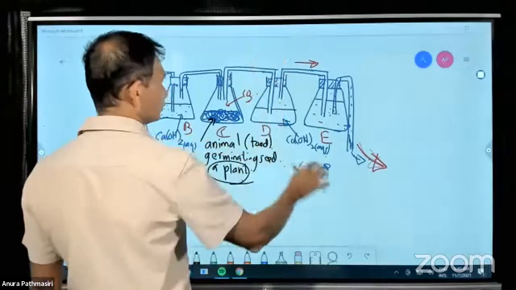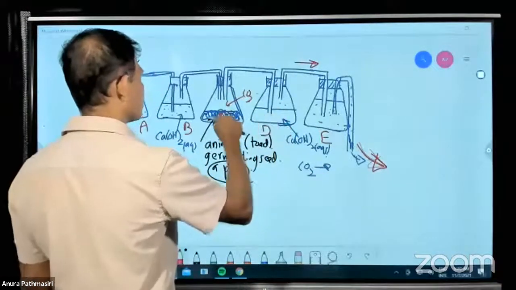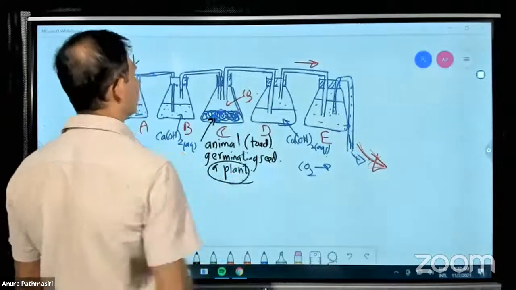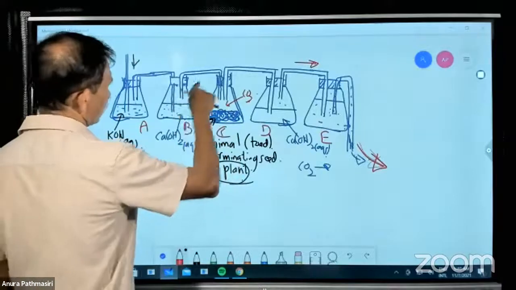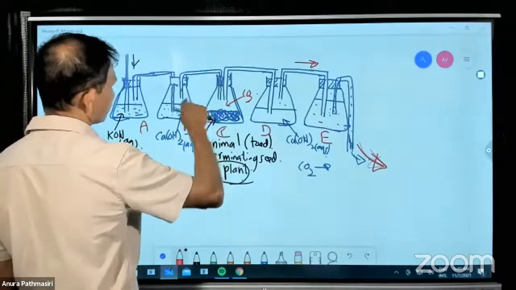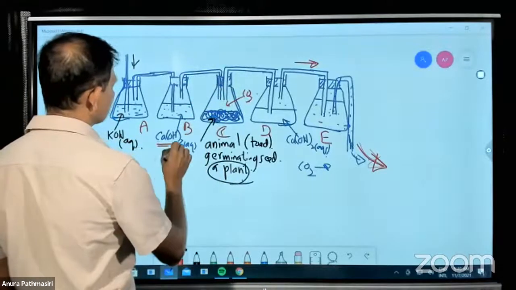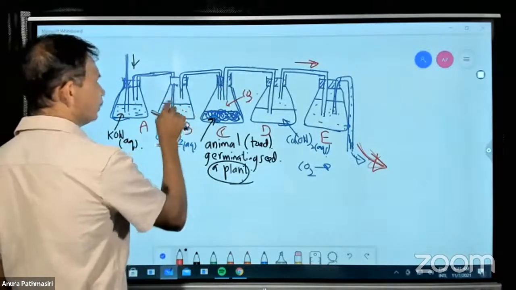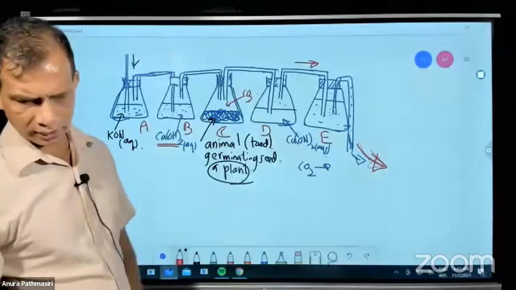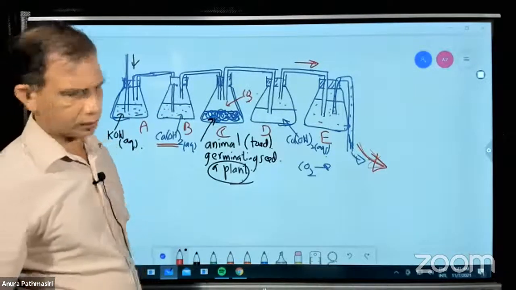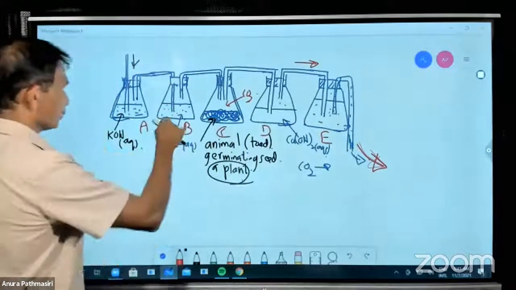And then the calcium hydroxide turns into a milky color because carbon dioxide is available. But we want to make sure that carbon dioxide is not available from the coming gas here. And we test whether carbon dioxide is available. This doesn't turn into a milky color. You got calcium hydroxide.